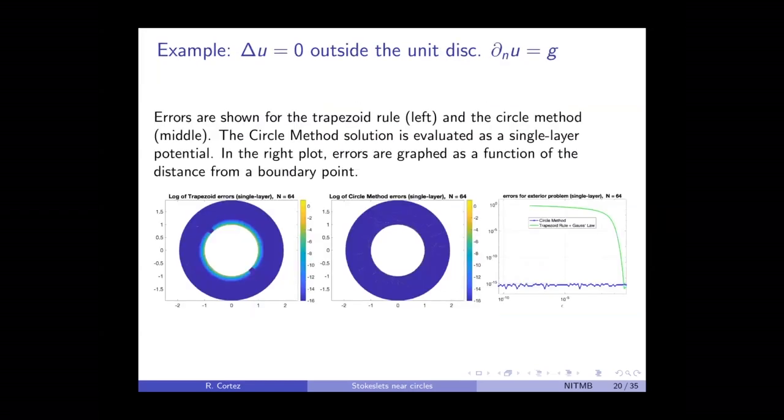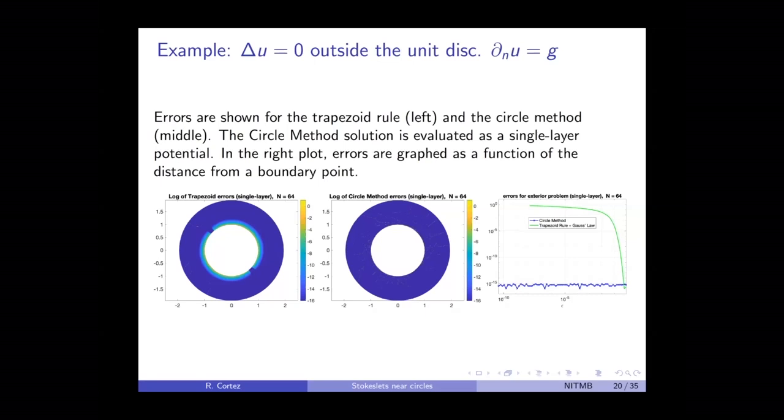So what am I solving? I'm solving Laplace's equation outside the unit disk with some Neumann boundary conditions. The white circle is the unit disk. The shaded part is the error in the computed solution. If I just use the trapezoid rule, you can see from the figure how the error is largest near the boundary.